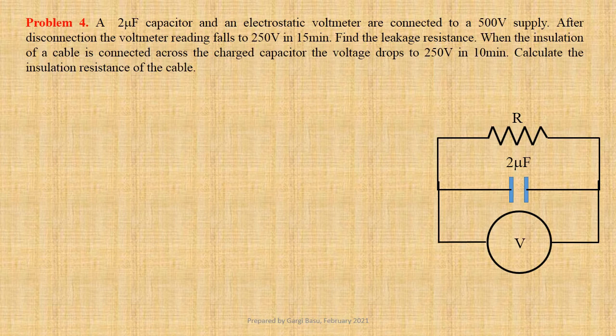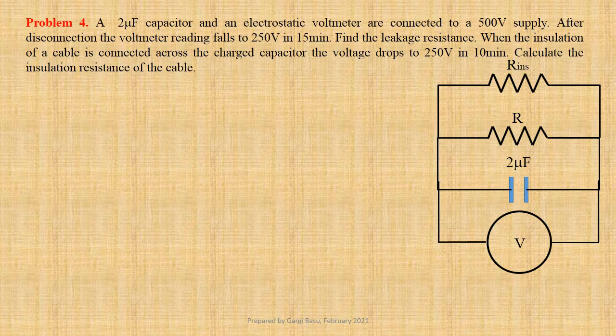We have to find the leakage resistance. When the insulation of a cable is connected across the charged capacitor, the voltage drops to 250 volts in 10 minutes. We have to calculate the insulation resistance of the cable.